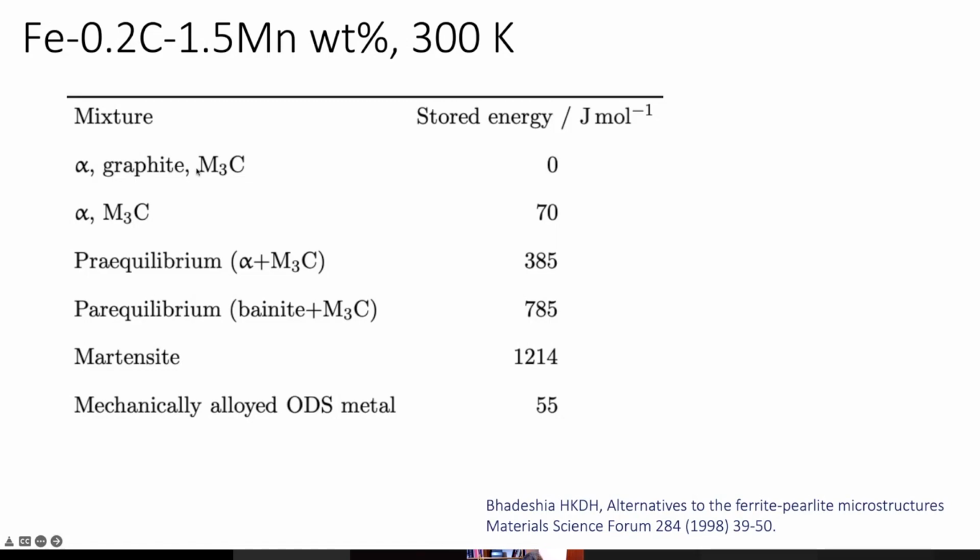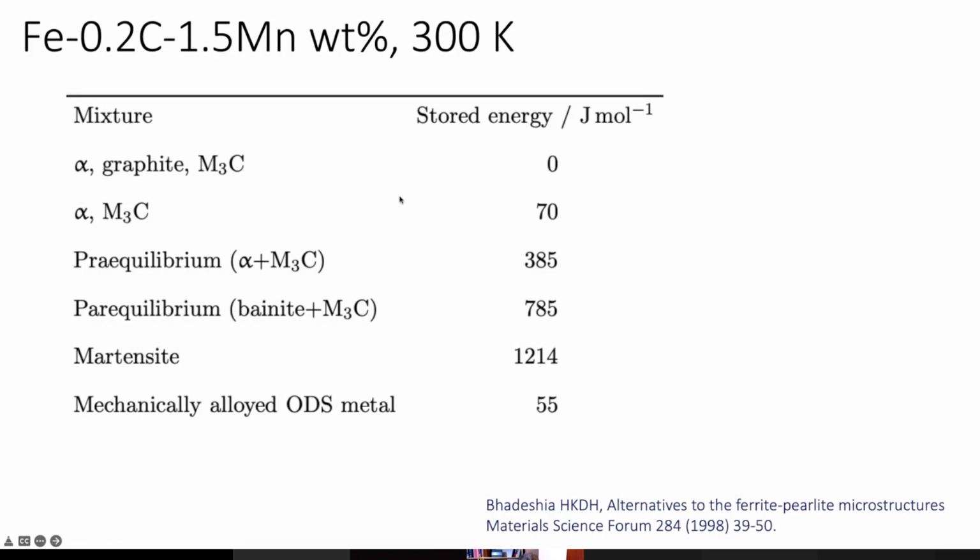So this is an equilibrium mixture of the three phases. People often say that graphite is more stable than cementite, but really you have to think about what the phases are in equilibrium with to make that statement. In this case, at 300 Kelvin, all three phases are stable. There's 0 stored energy, so this is our reference state.